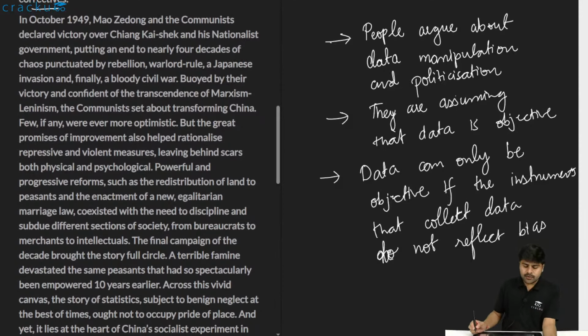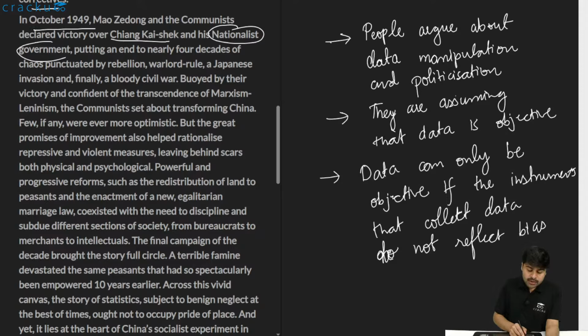In October 1949, Mao Zedong and the communists declared victory over Chiang Kai-shek and his nationalist government. So Chiang Kai-shek was the leader of the nationalist government in China.